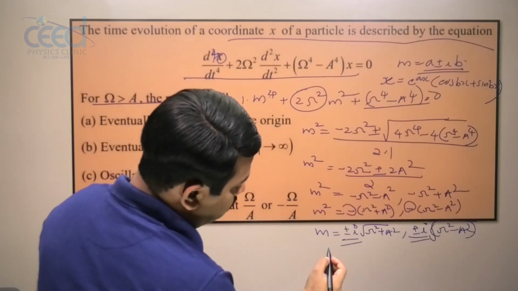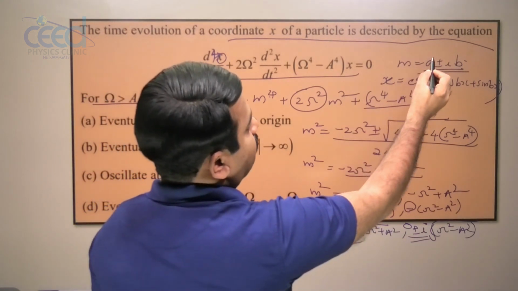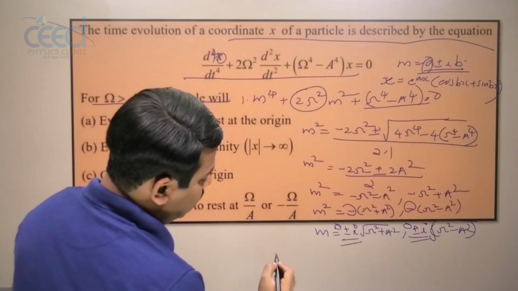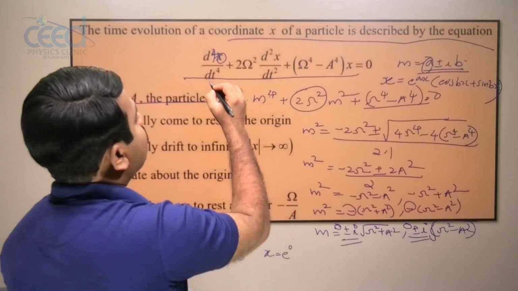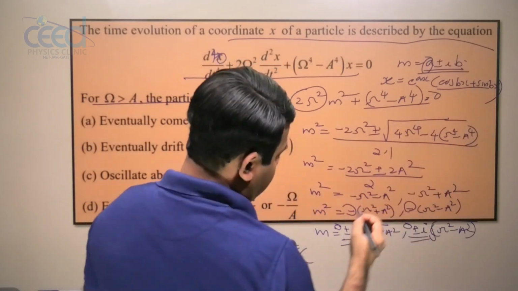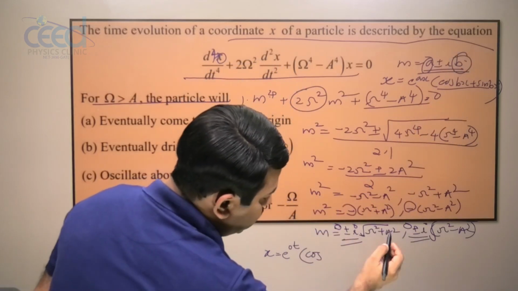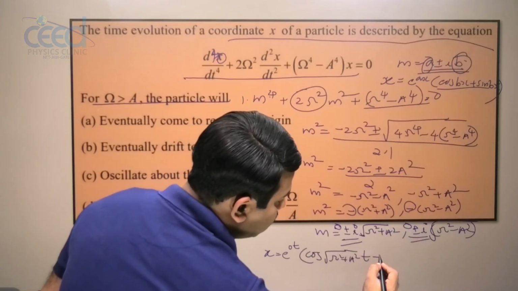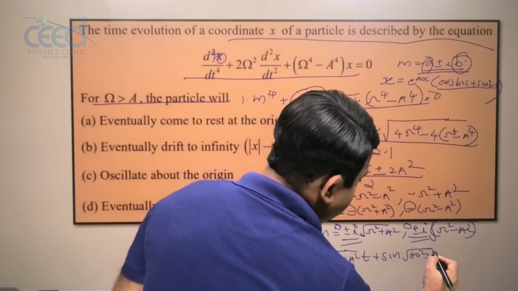Here the real part is only showing 0, so a is 0, and with the a plus ib format, x is equal to e raised to 0 t, that is 1, into cos of b t plus sin of b t, where b is root of omega square plus a square, so cos root omega square plus a square into t plus sin root omega square plus a square into t.